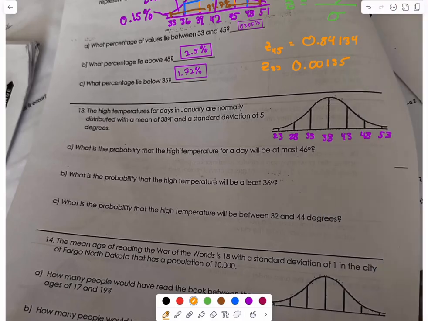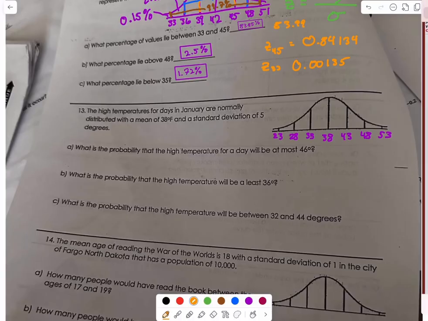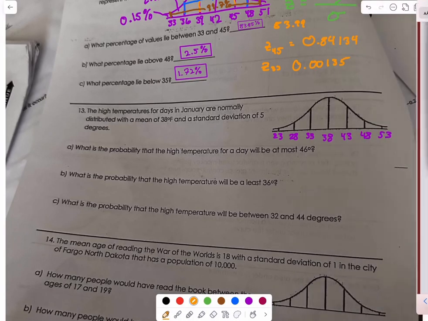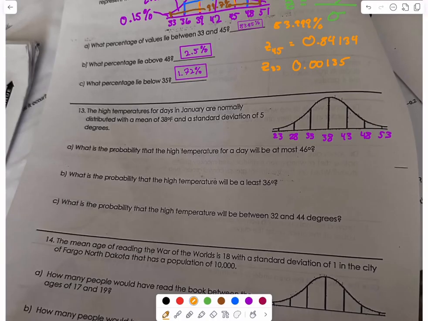In orange, we got 83.999%. But again, these are all approximations.